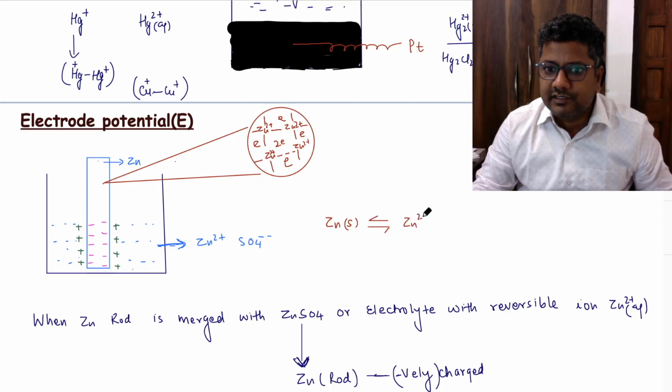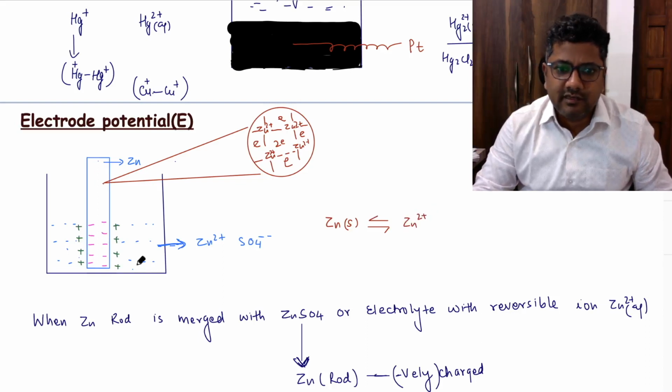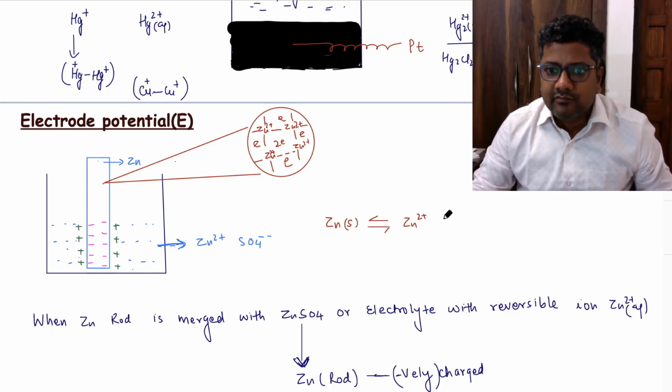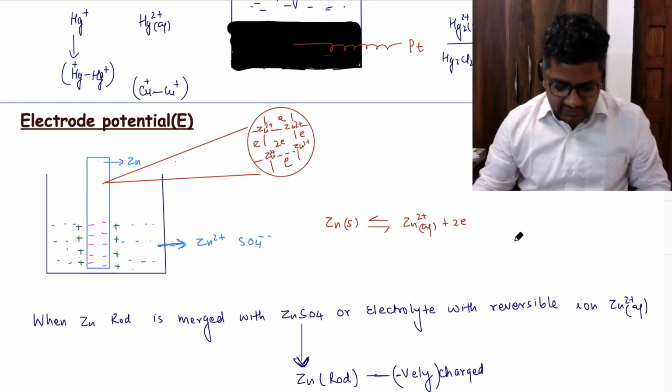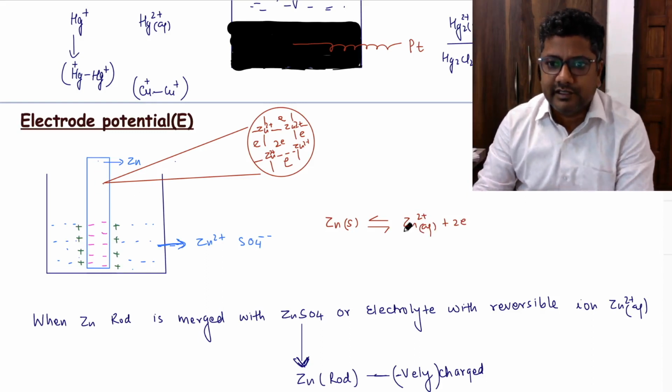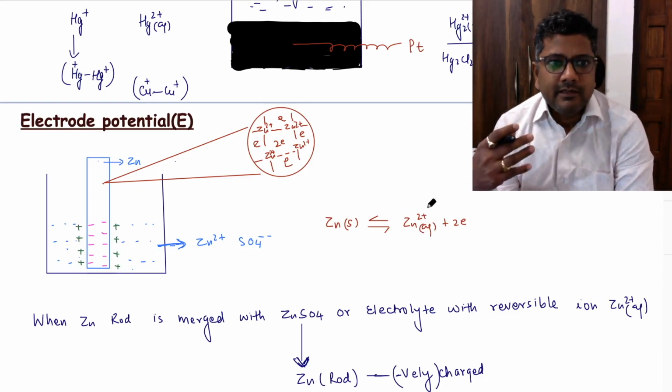Zn2+, some of the zinc ions come to the solution plus 2 electrons and get hydrated, aqueous.